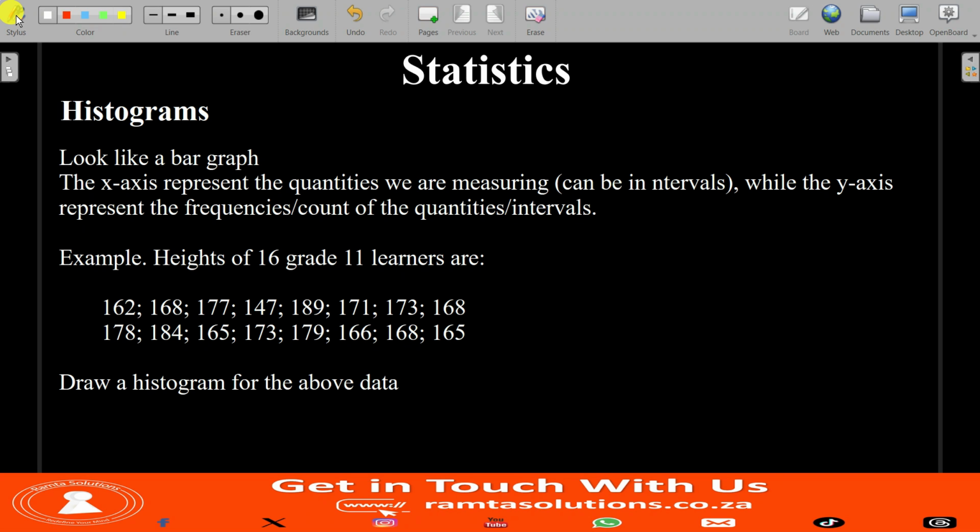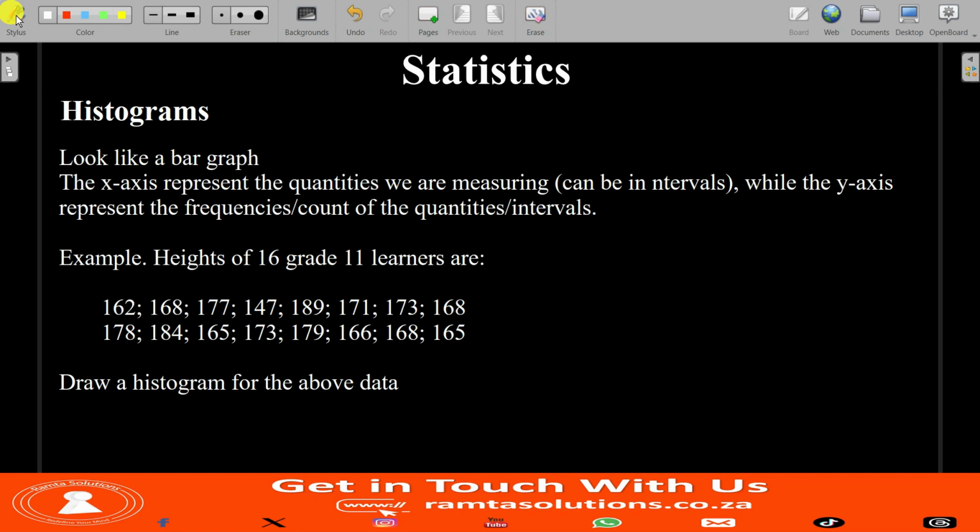There will be examples where we show you histograms when using quantities, but for the purposes of this video, we will be looking at intervals.